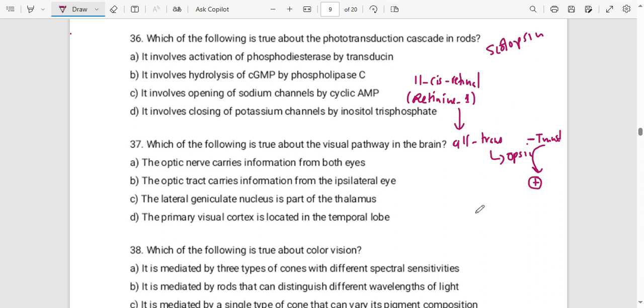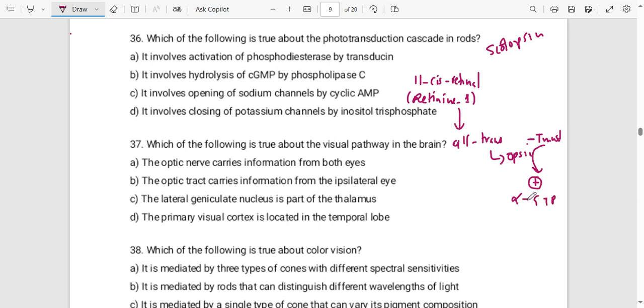That has an alpha segment, beta segment, and gamma segment. The alpha segment is going to get the GDP normally attached to it removed and then get GTP. So the transducin now that is active has the alpha segment attached to GTP.